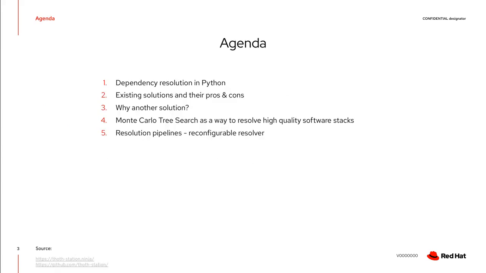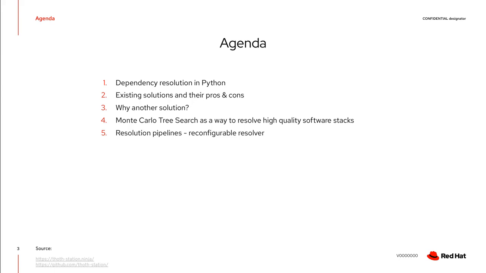I will talk briefly about dependency resolution in Python, but this will be really a brief introduction to get the basic ideas and principles that are there. And then I will show existing solutions and their pros and cons. And then we will move on and describe why we need another solution, or why we started inventing a new solution.